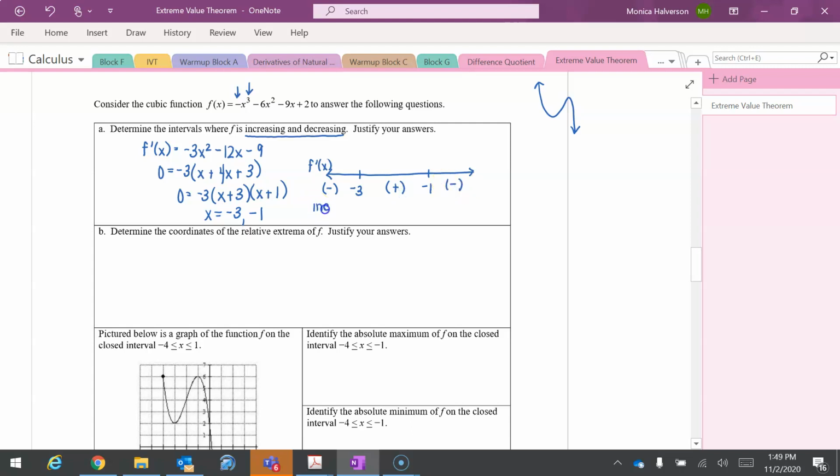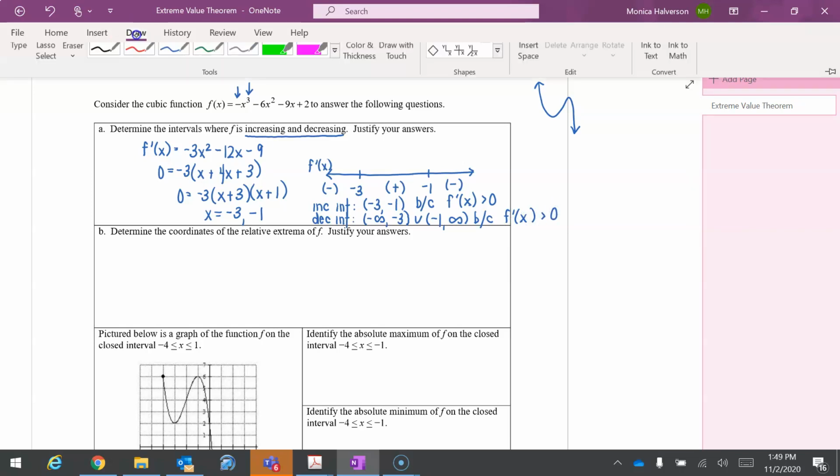So we know our increasing interval is from negative 3 to negative 1 because our first derivative is positive, okay? And we know our decreasing interval is from negative infinity to negative 3 and from negative 1 to positive infinity because our first derivative is less than 0. Sorry.